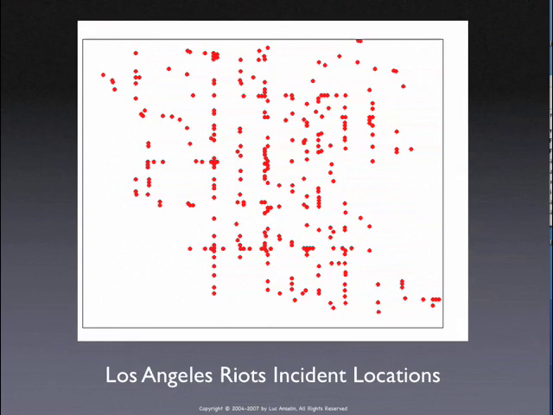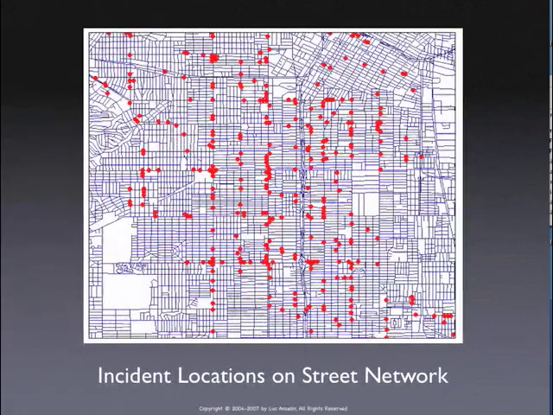This is the location of these same incidents, but put on the street network of Los Angeles. And so between the two of them, this gives you much more information on specific locations where there may be hotspots, like along a particular street or at particular intersections in the street network, which the previous slide does not give you. So we'll talk a little bit about point pattern analysis on a street network.